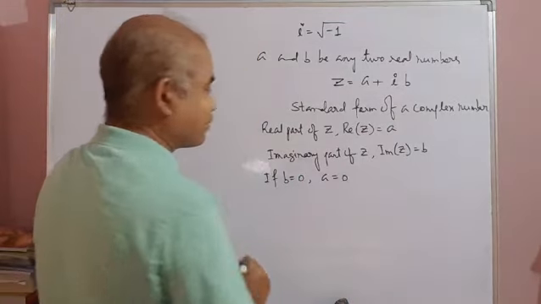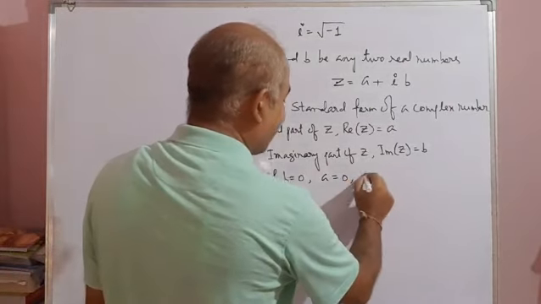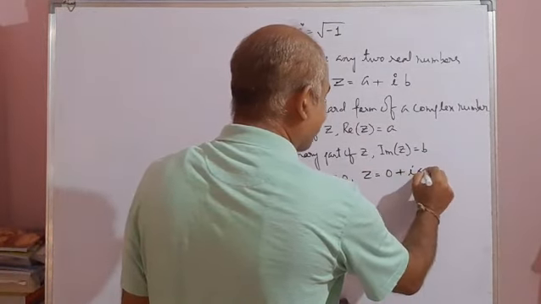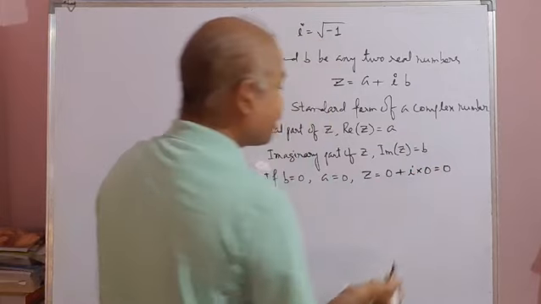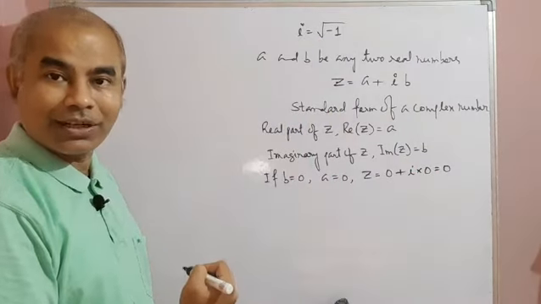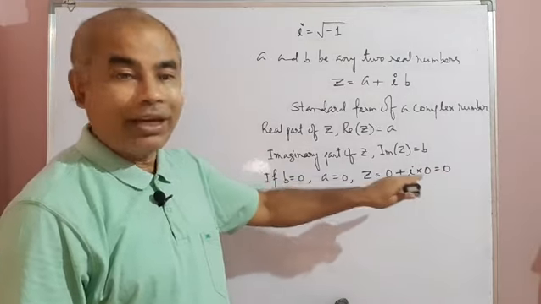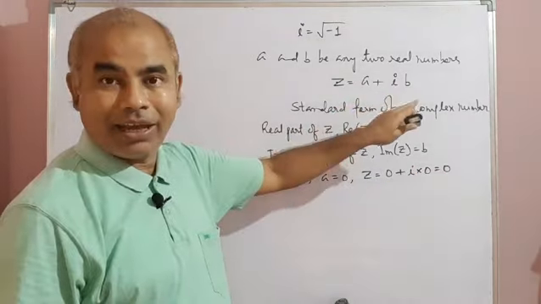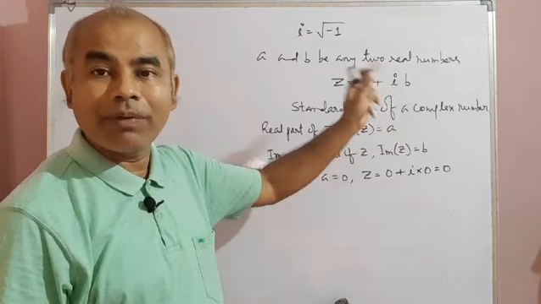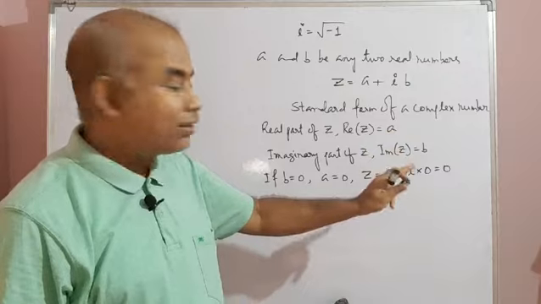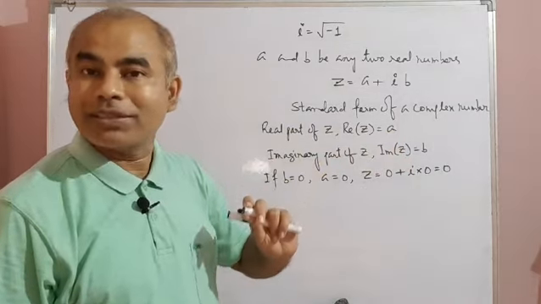Then our complex number z will be 0 plus i into 0. Anything multiplied by 0 is 0, so 0 plus 0 is 0. That means I can write the number 0 in the form a plus ib, and a number which can be written in the form a plus ib is a complex number. So 0 is also a complex number.